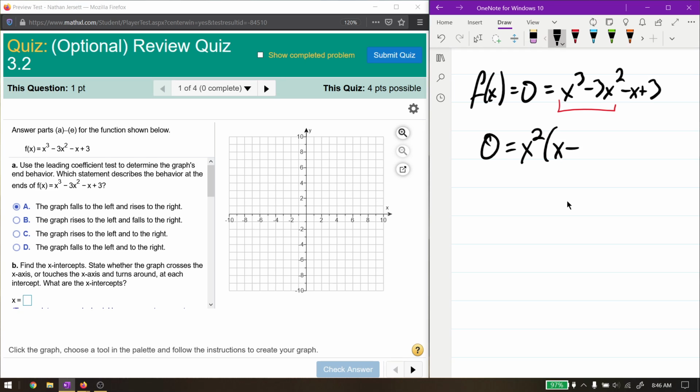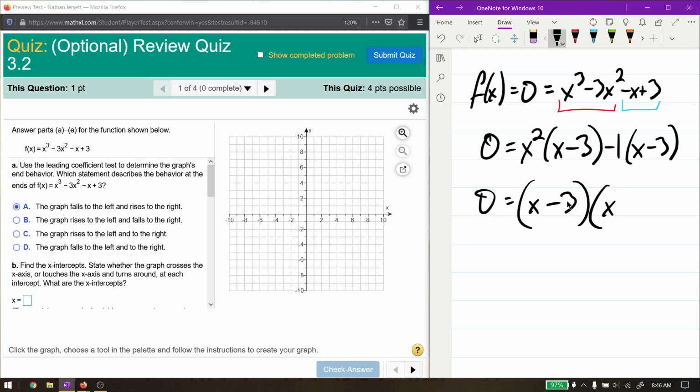That gives me x minus 3. And from the next two terms, I can take out negative 1. It gives me x minus 3. So that gives me x minus 3 first, and then x squared minus 1. And x squared minus 1 is a difference of two squares, which means we can factor it further into x minus 1, x plus 1.